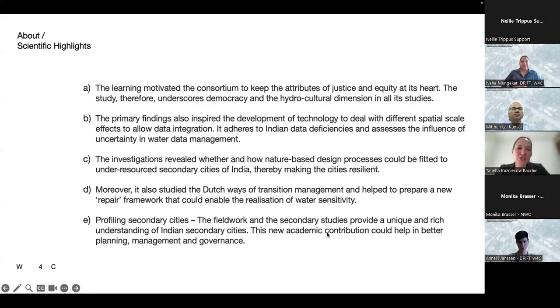Okay. So then just to highlight what have been our scientific findings, the learning, I believe also that it's a very important notion, the notion of learning, of co-learning, of continuous learning. How actually in the context of the Water4Change program, since the very start, we understood that it's important to keep options open, to be able to co-produce a process that would allow cities to continue evolving and to continue adapting to the challenges that they might face in the future.